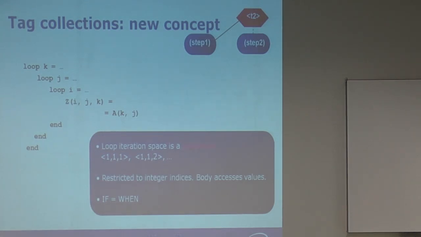So it's 1,1,1, 1,1,2, 1,1,3, et cetera. And as you produce each one of these, you then execute the body of the loop immediately. So it's an ordered sequence of these tuples, and you're executing the associated body. And as I said before, the if and the when are tightly bound together.